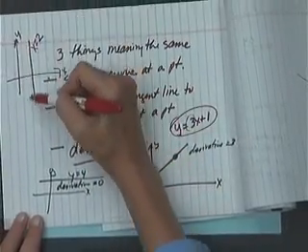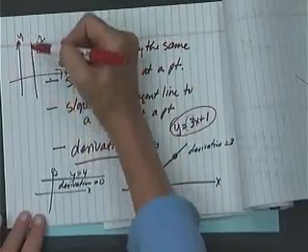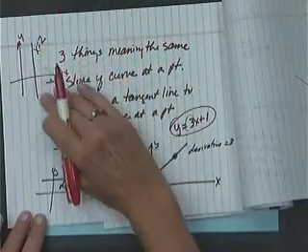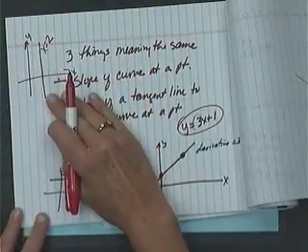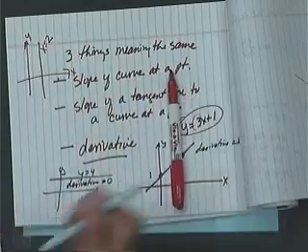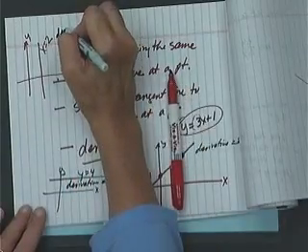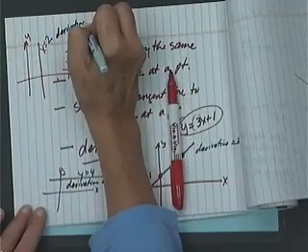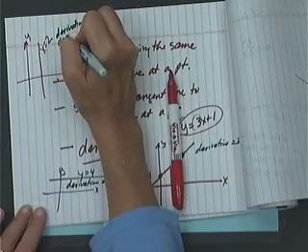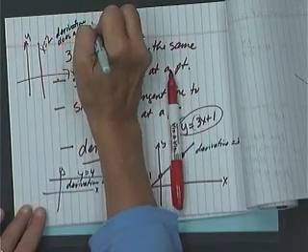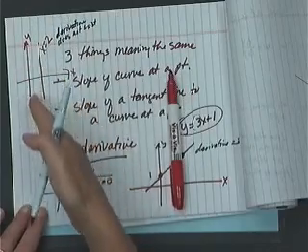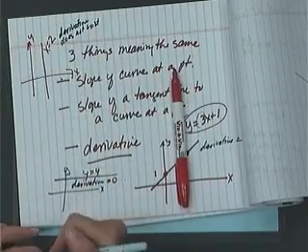This is a line with no slope. If I ask you what is the derivative, it does not exist, because there is no slope to that line.